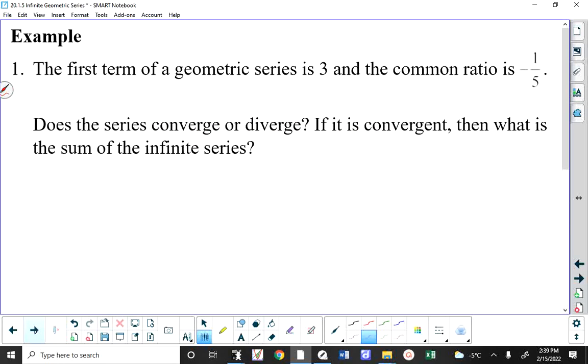All right. So, example, the first term of a geometric series is 3 and the common ratio is -1/5. Is it a convergent or divergent geometric infinite series? So the first term is 3. The common ratio is -1/5.